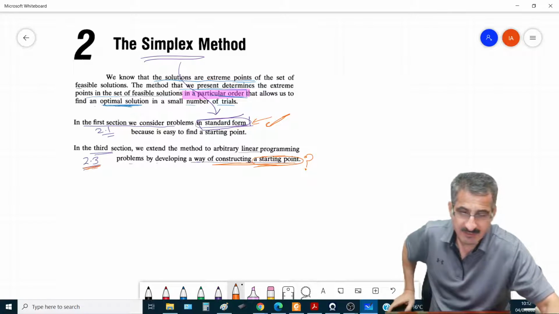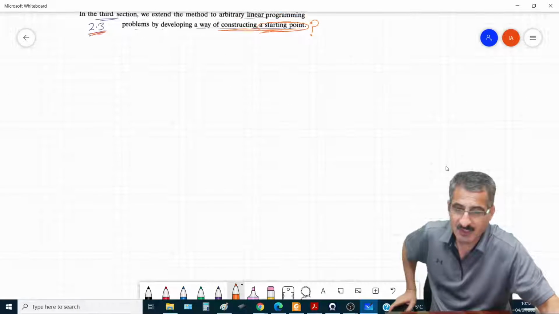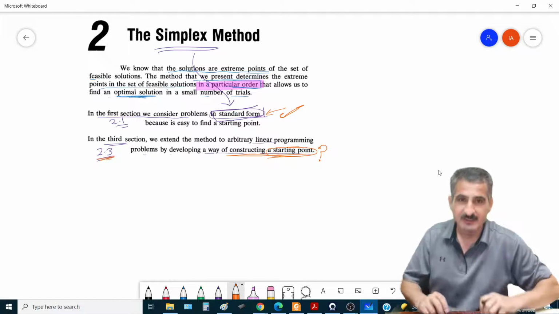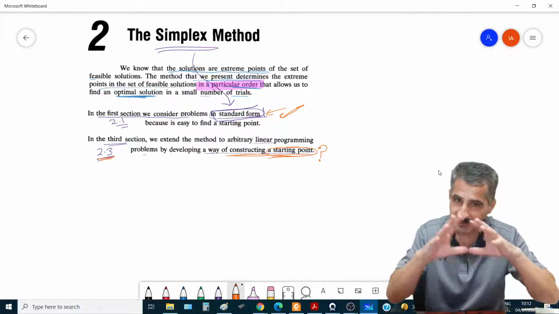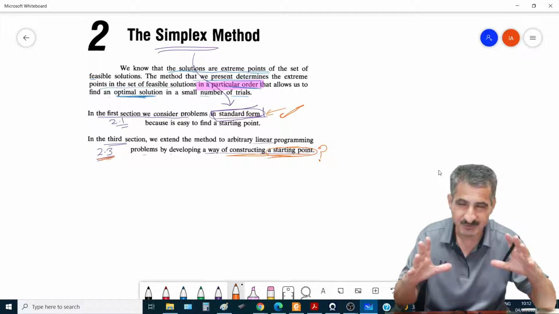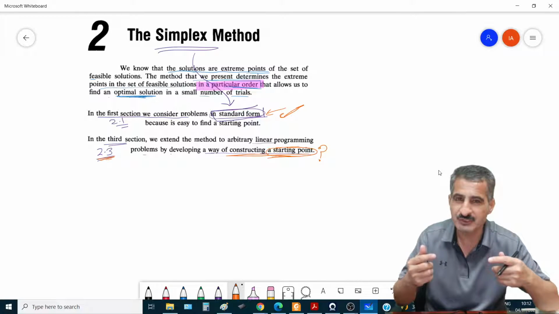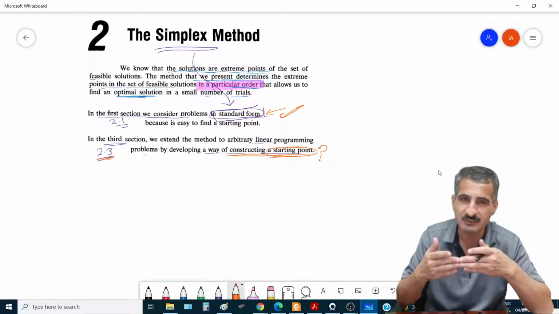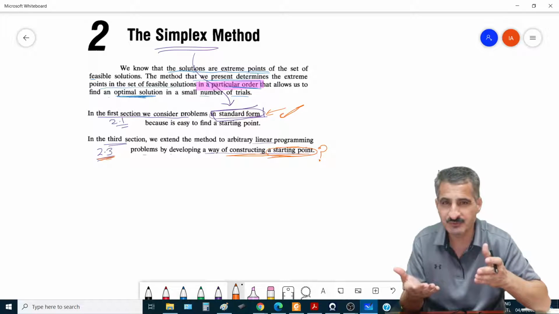Now, I can introduce the simplex method right away. Let me say that the simplex method has some procedure. We make a table that looks like a matrix, and then we do a process which is similar to obtaining the reduced row echelon form of a matrix. And then that will take us to a solution.